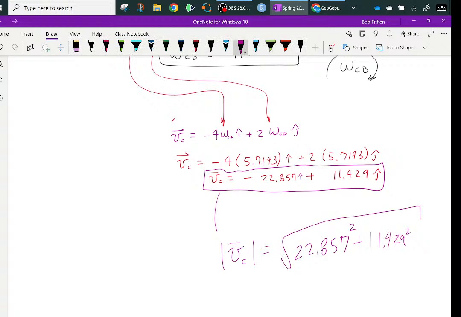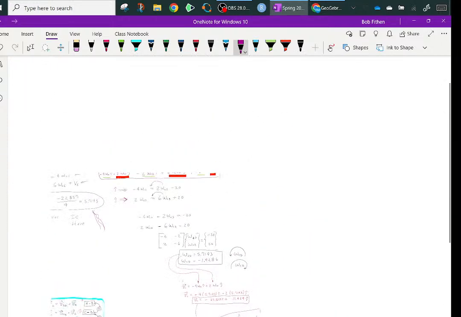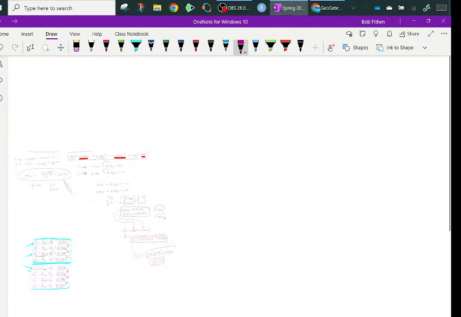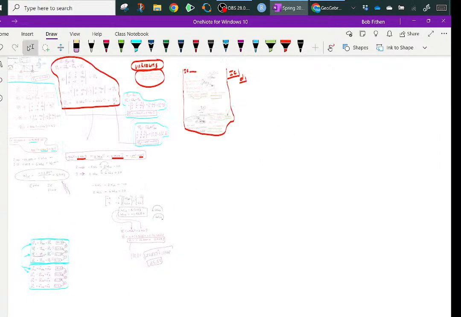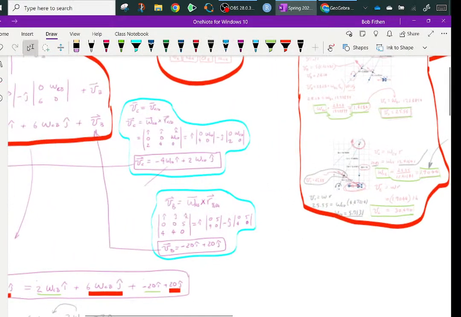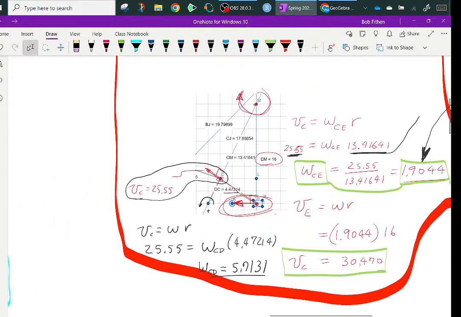Just out of curiosity, it looks like that might be it. That is really weird. All right, 25.55 is the magnitude. So the velocity C that I got from the instant center, wow, it is really slow, was exactly that.